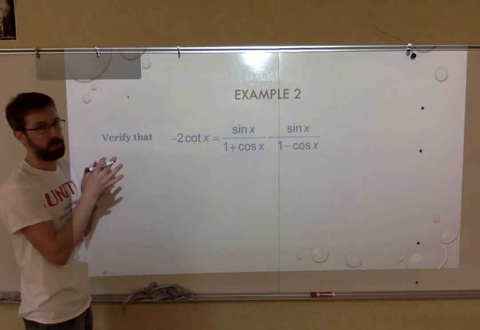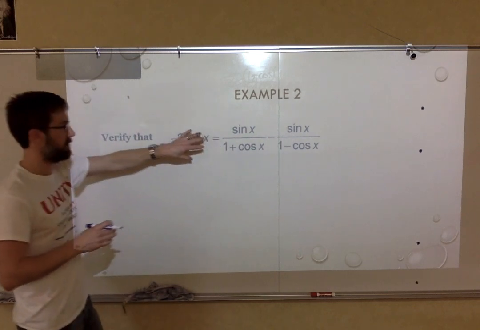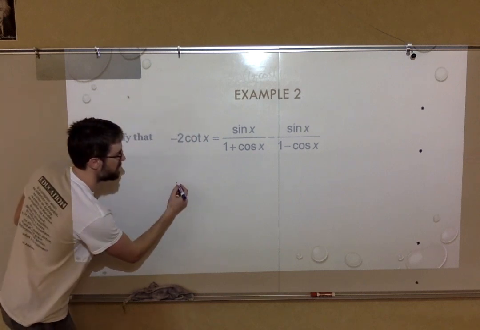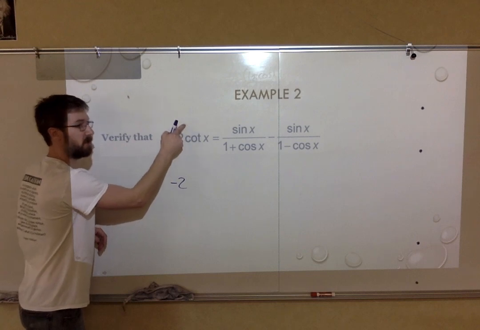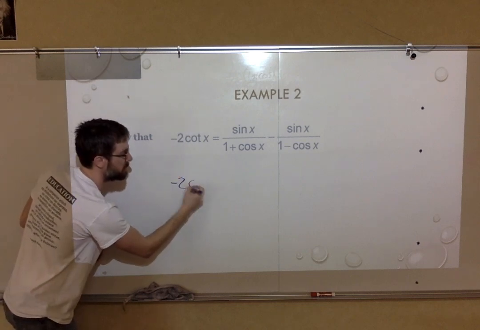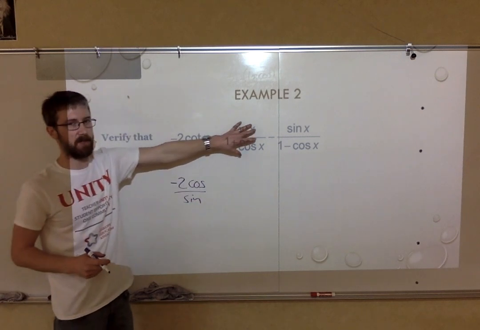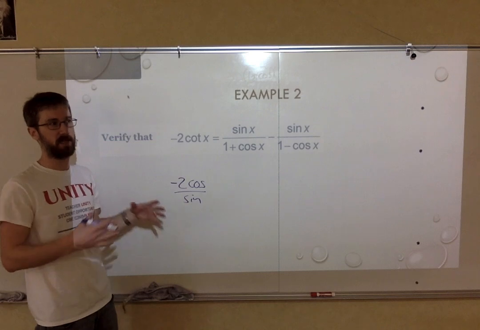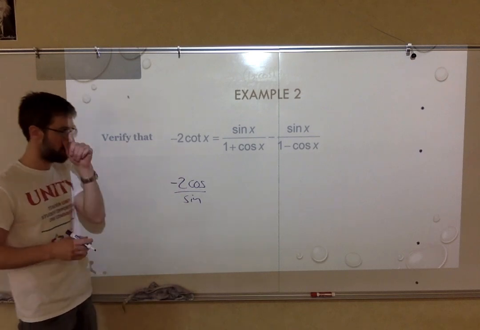One thing that I could do to start this, because I have sine and cosine over here, this side is cotangent, I can maybe change this to be negative 2 times cotangent, which is cosine over sine, so negative 2 cosine over sine, and then try to make this look like this instead. That might save me a step. It might give me a little more insight of where I should go, what my next step should be.